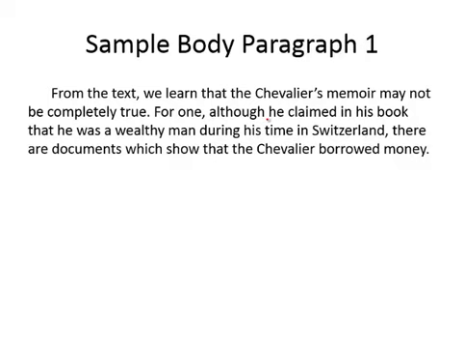For one, although he claimed in his book that he was a wealthy man during his time in Switzerland, there are documents which show that the Chevalier borrowed money. Okay, notice there is nothing about the lecture here, it's just about the text. And notice this, for one, we're starting a list. The next sentence will bring up the next point.